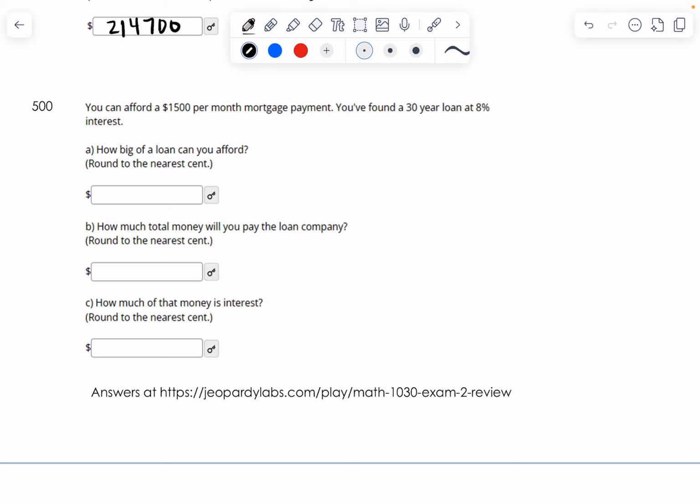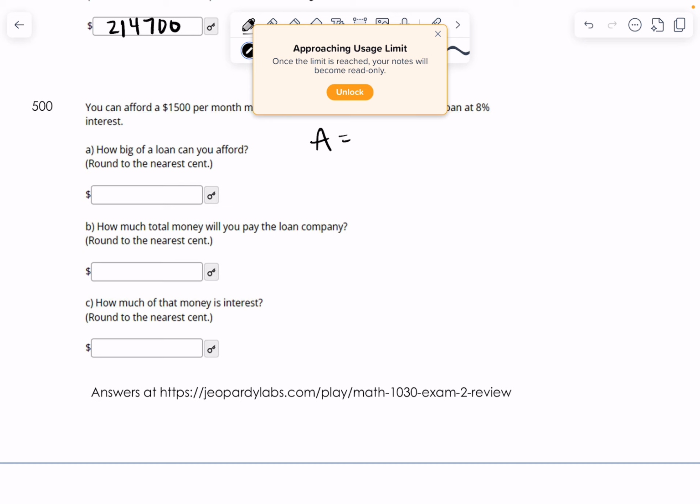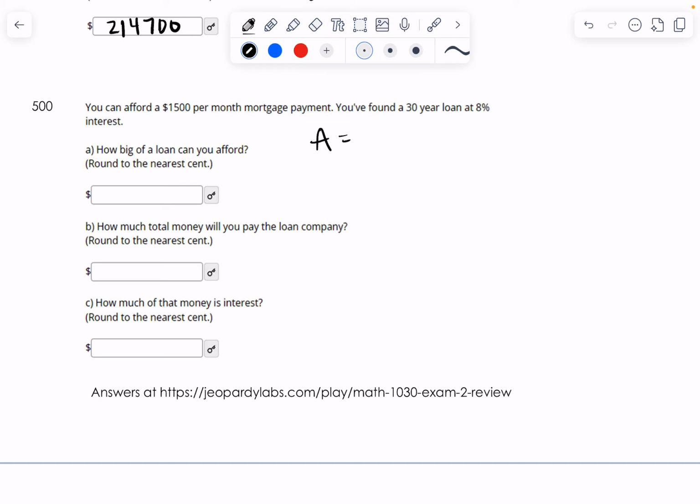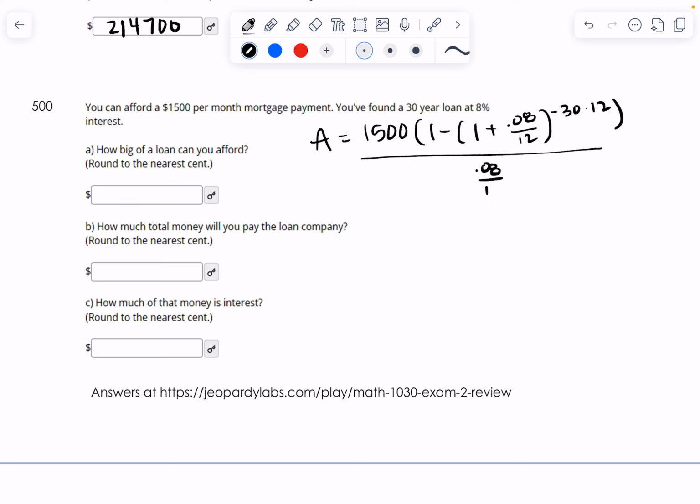So the amount is, okay, cool. 1,500 times 1 minus 1 plus 0.08 over 12 to the negative 30 times 12 over 0.08 over 12. So you can afford a $204,425.24 loan.